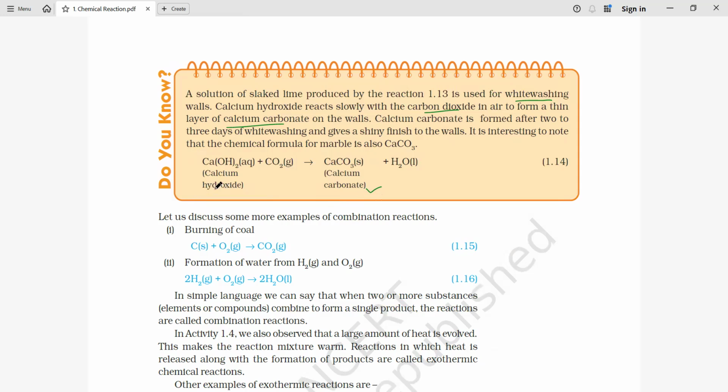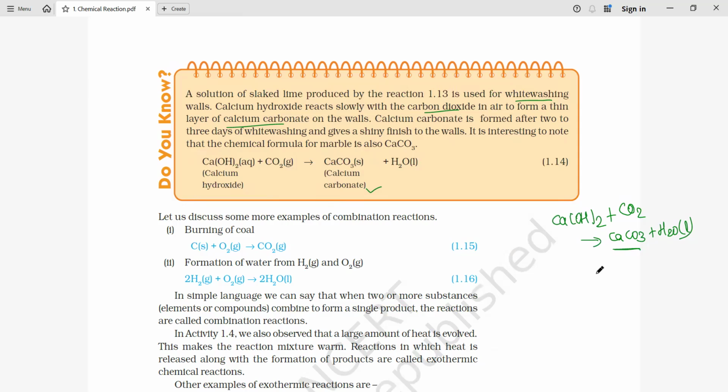So how does the reaction take place? We have slaked lime, calcium hydroxide, plus carbon dioxide. Finally, it is going to form CaCO3 as well as water. This calcium carbonate is like marble, so the wall surface is going to shine.